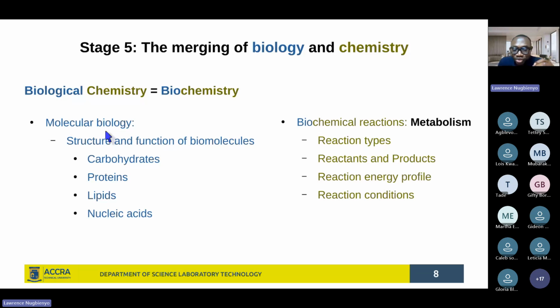And what are the molecules you talk about? These molecules are either carbohydrates, or they are proteins, or they are lipids, or they are nucleic acids.